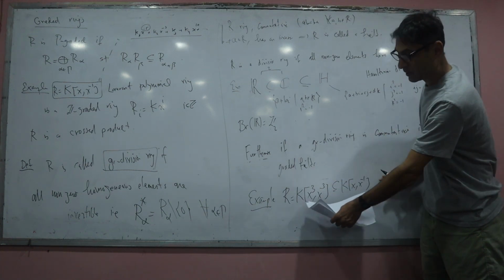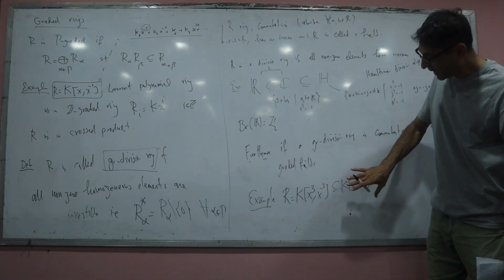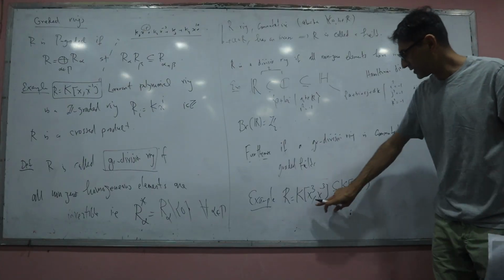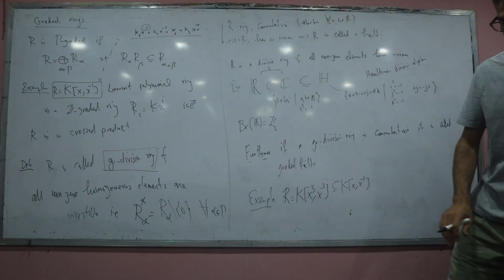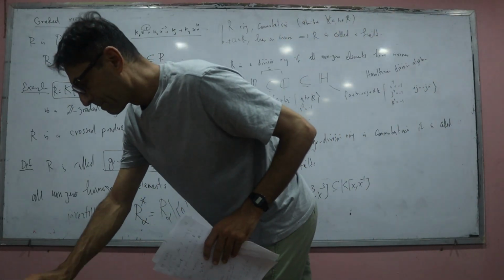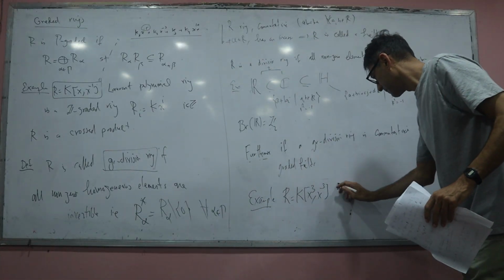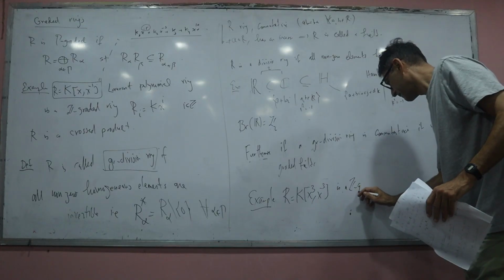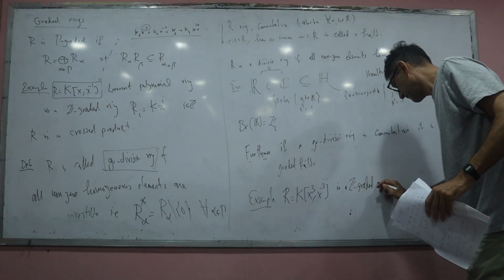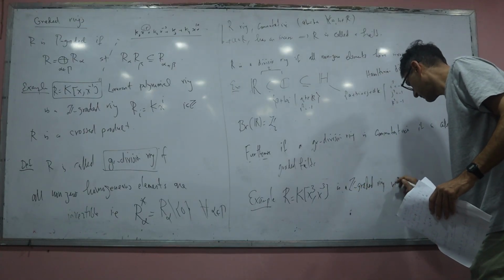Okay? Now, look, if you stare at this as a ring, this is just isomorphic to this one. There is nothing, right? But now I'm looking at a graded ring. So this is a Z-graded ring. What's the support?